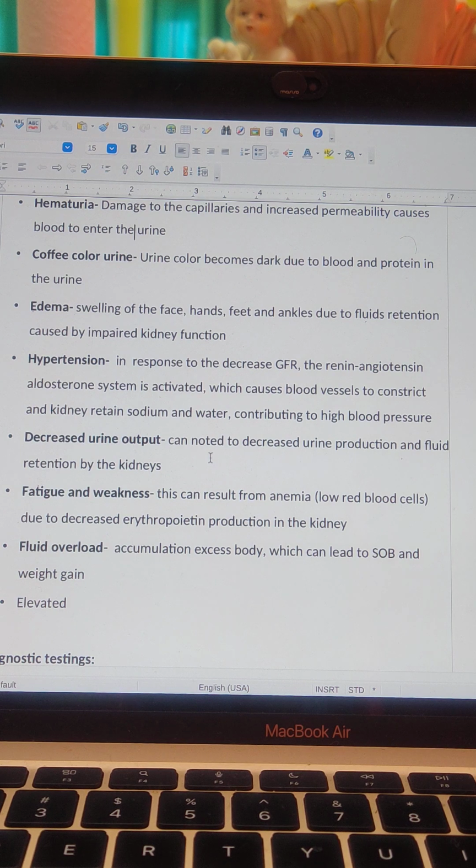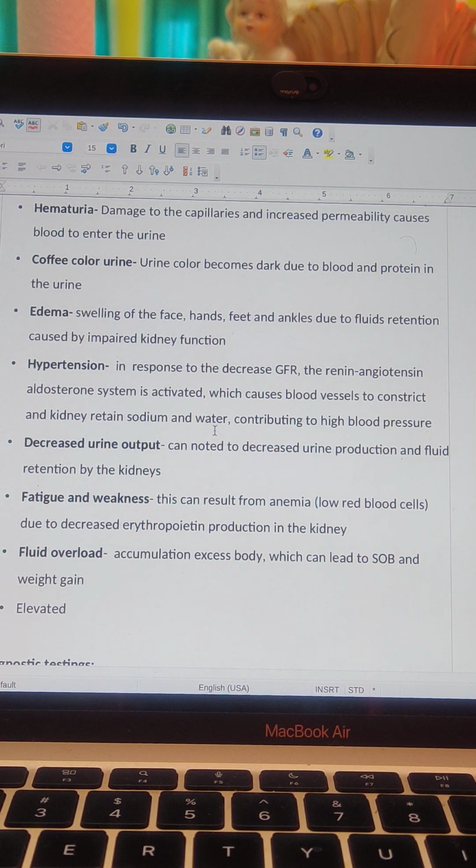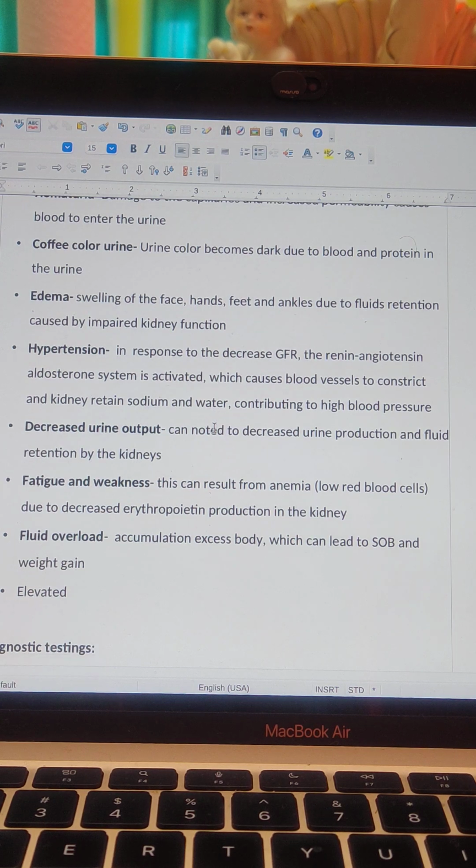Decrease in urine output can be noted due to decreased urine production and fluid retention by the kidney. Fatigue and weakness can also be noted. This can be caused by anemia, which is low red blood cells, due to the decreased erythropoietin production by the kidney.